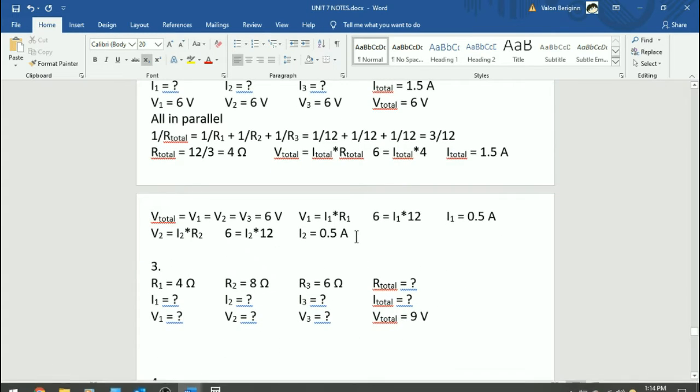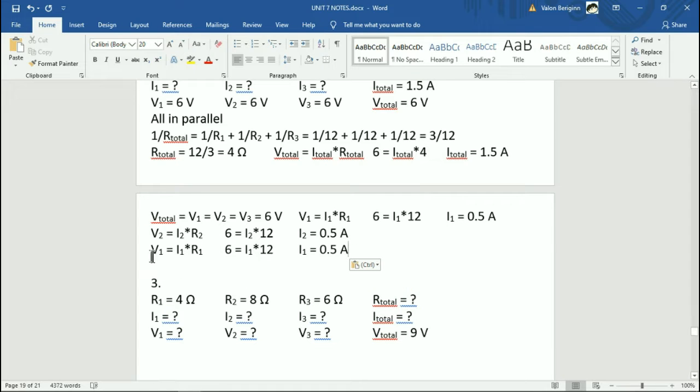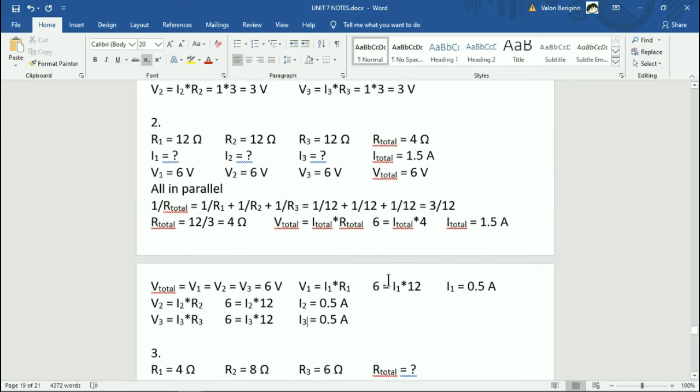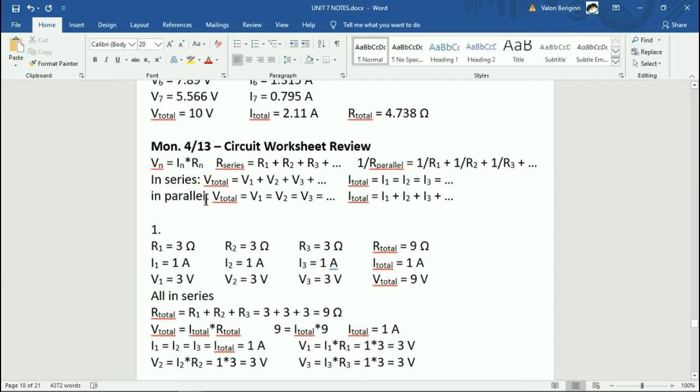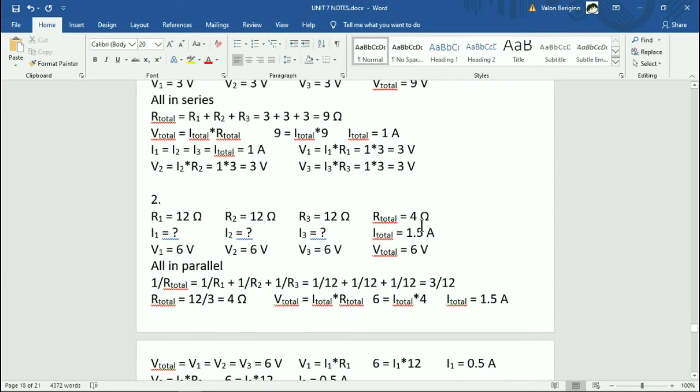Unfortunately, I can't get this on one line, so let's do it again. Again, all the numbers are the same here. And again, you can see that since it's in parallel, the currents add. So 0.5 plus 0.5 plus 0.5 equals 1.5.